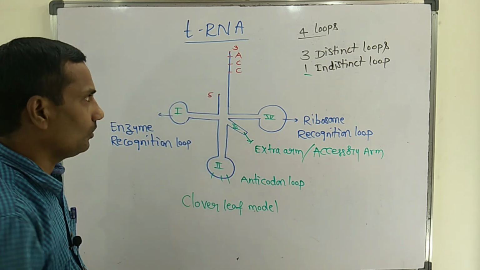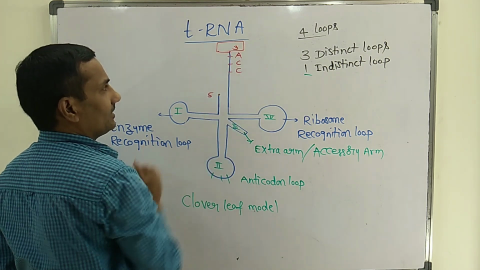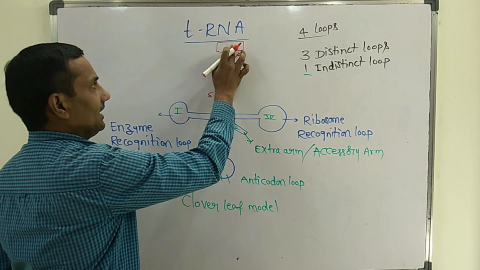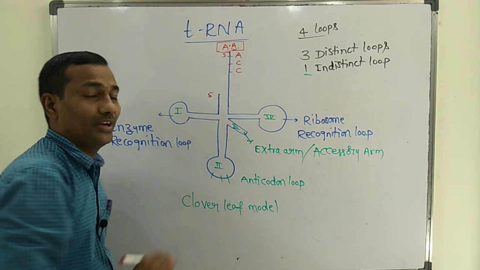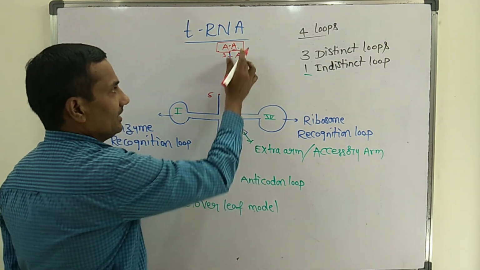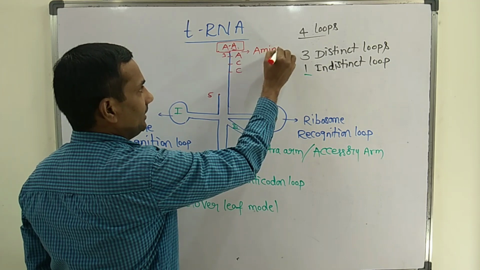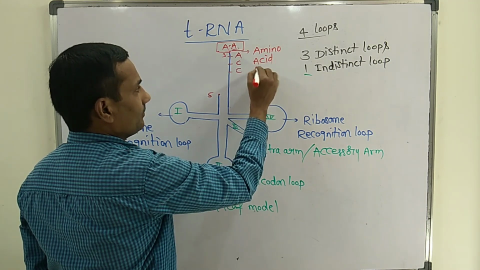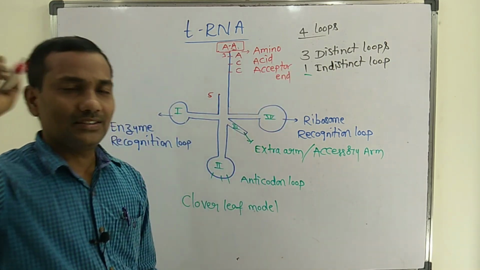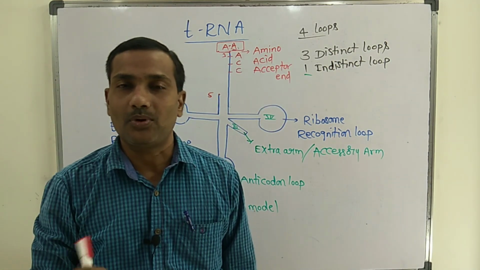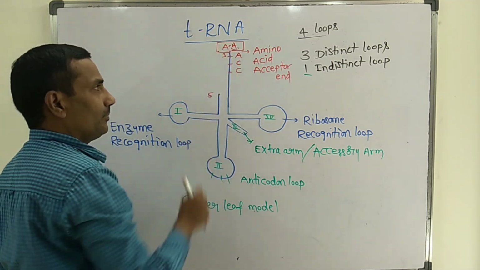The main important role of tRNA at its 3' end is to bring the relevant amino acid. This end is known as the amino acid acceptor end, because during translation the amino acid binds to this 3' end.